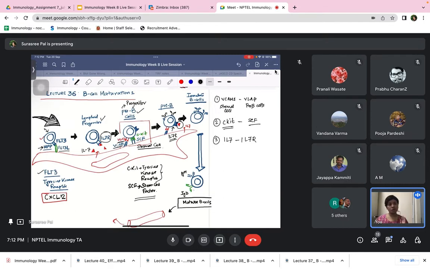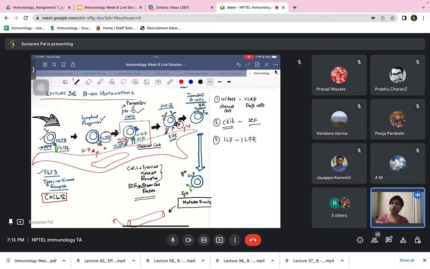So these immature B cells now express IgM on their surface, immunoglobulin M. And remember that in the immature B cells, the rearrangement of the light chain and heavy chain has both been completed, because of which they have become now immature B cells.